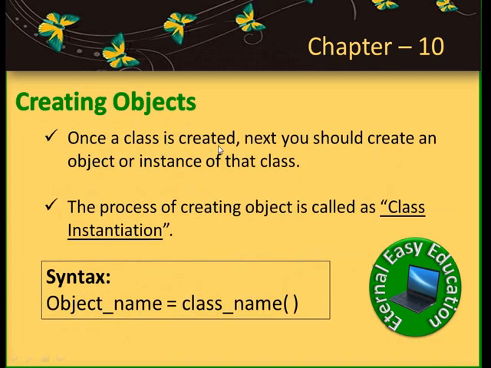Once a class is created, next you should create an object or instance of that class. The process of creating an object is called class instantiation. This is also an important one-word answer. Object name, which is also a user-defined variable, equals class name. Here this class must exist, and only then can we create an object for a particular class.